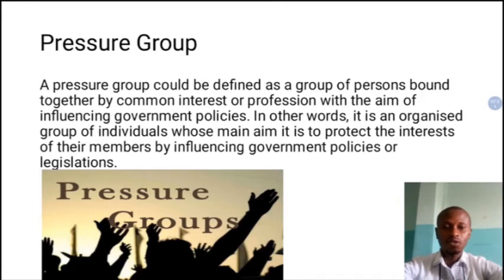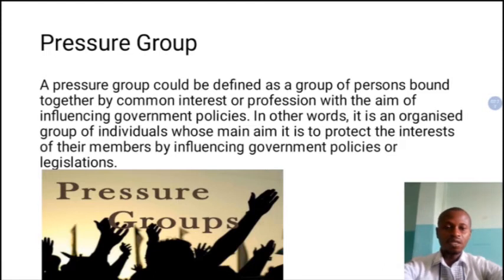And as a result, they engage in all manner of activities that will enable them get government policy to their own advantage. So here we defined pressure group as a group of persons bound together by common interest or profession with the aim of influencing government policies.